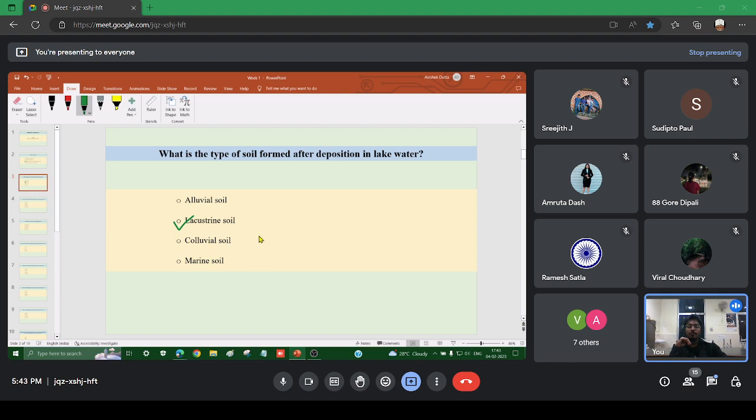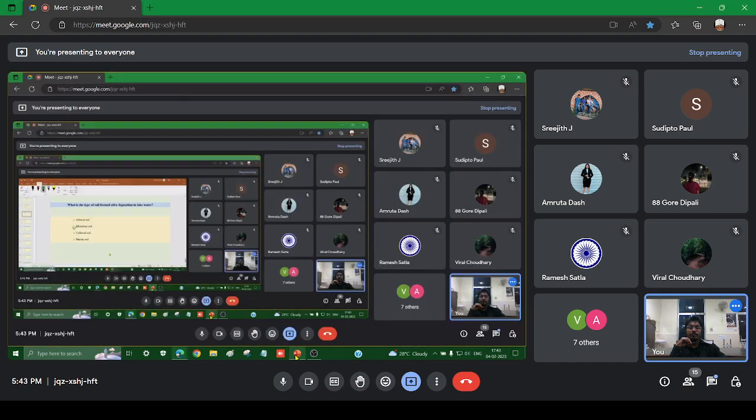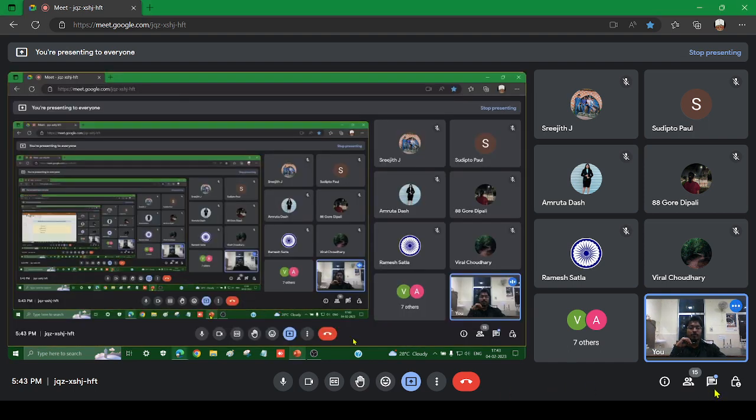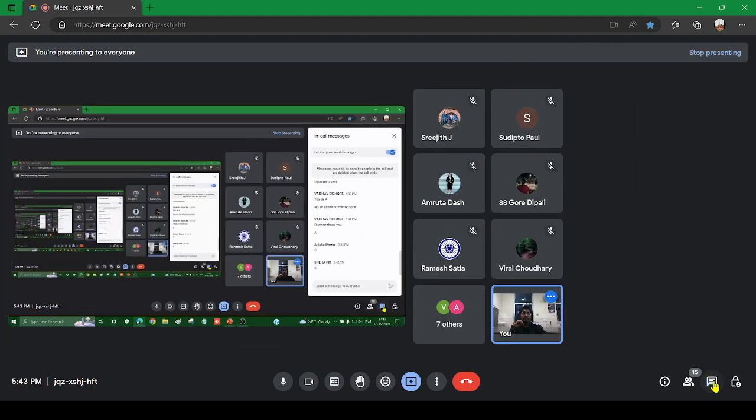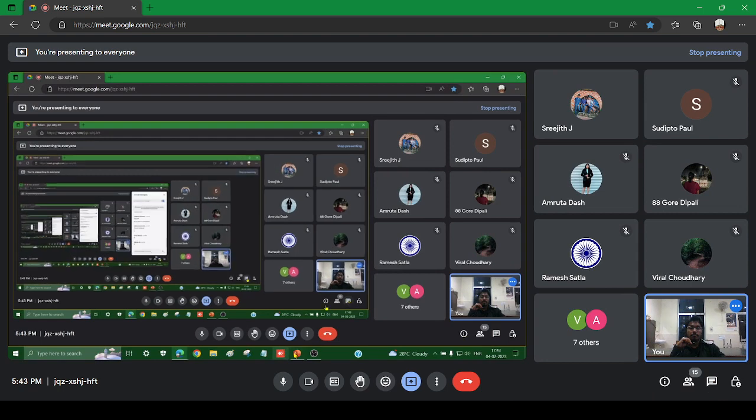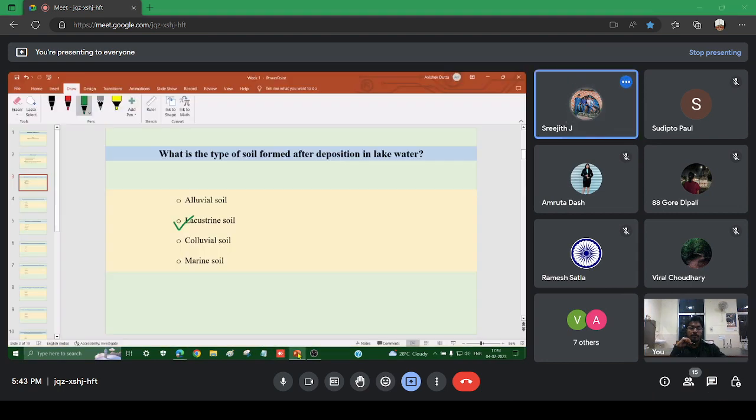It is not enough to just tick the correct answer. You should know which answers are wrong and why. What is colluvial soil? Anyone who knows can tell me. Like rainwater or something. No, colluvial soil is not rainwater.